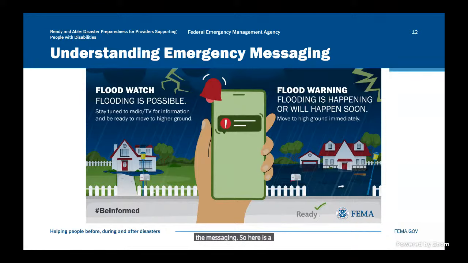On one side, there is a house that has heavy rain all around it and some pooling water around the house. And it says flood watch. And that means flooding is possible. It says stay tuned to radio, TV for information, and be ready to move to higher ground.